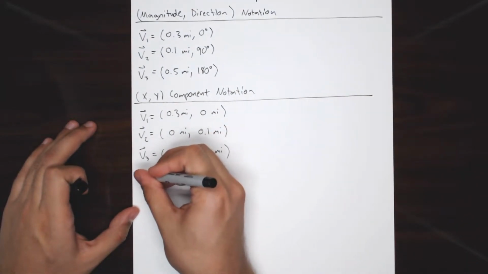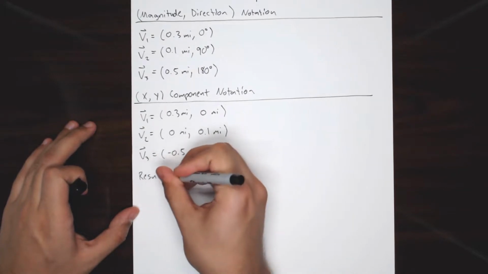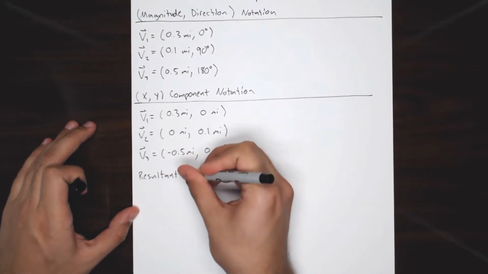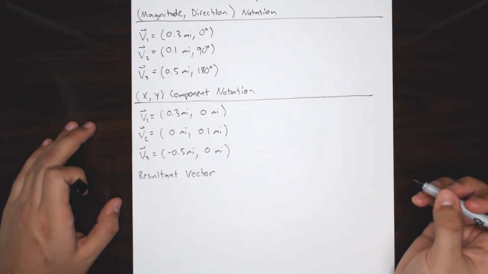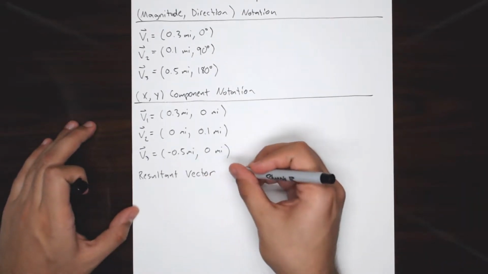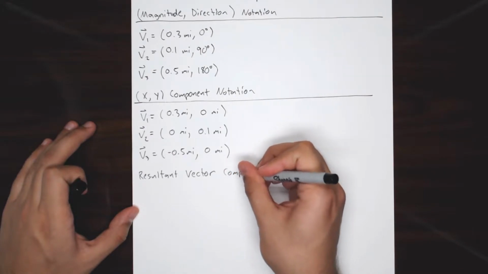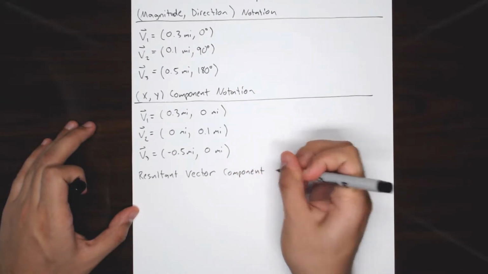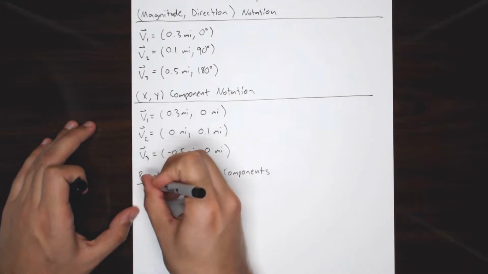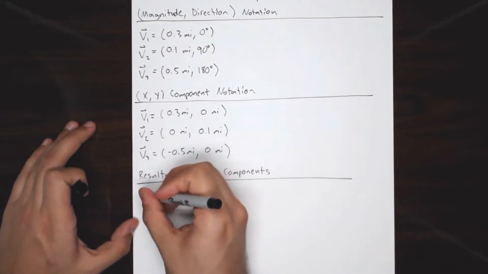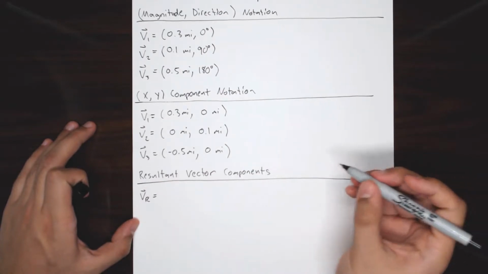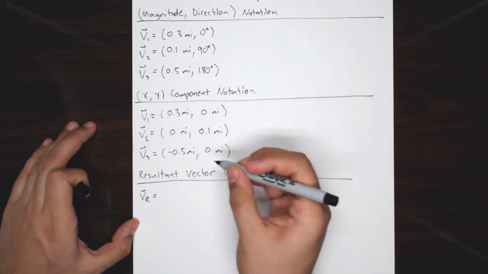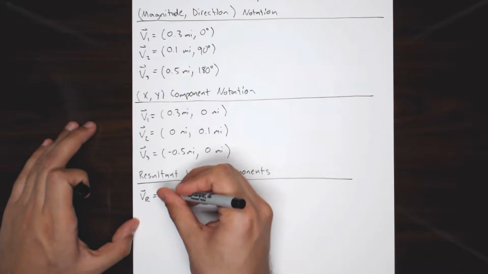So let's go here and create a section for our resultant vector, and we are going to find that in component notation. And so all we need to do is say that VR is equal to the sum of all the x components from before.